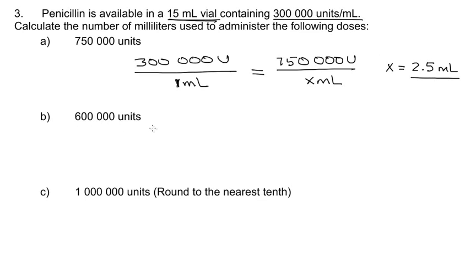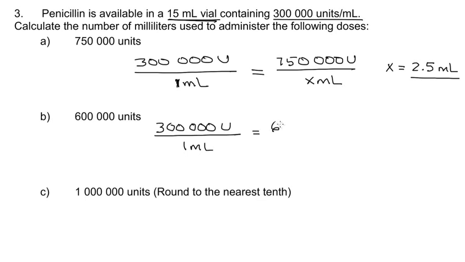600,000 units for the next one. The strength, I'm sorry. Ignore what I just did. The strength is 300,000. I was looking at the 600,000 and wrote it by mistake, but the strength is 300,000 units per 1 milliliter. But we don't want to give 300,000.